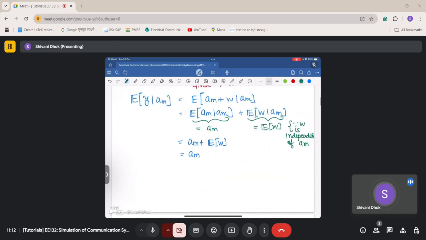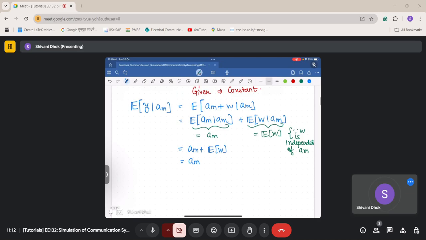Now we need to figure out what is your variance. Okay, so therefore variance of Y is equal to expectation of magnitude of Y minus expectation of Y, which is AM, squared, given AM.